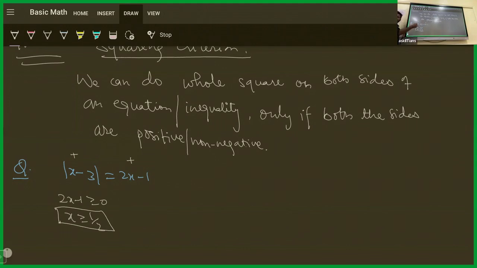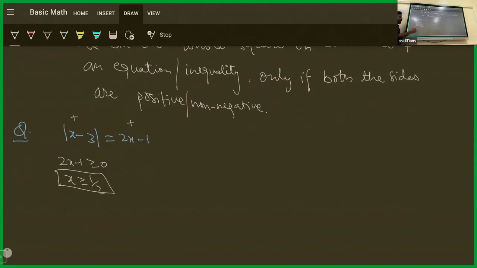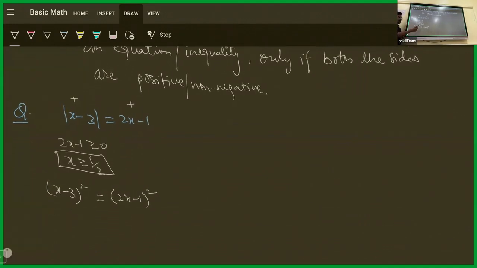And when both the sides are positive, squaring both the sides, we can write (x - 3)² = (2x - 1)². Yes or no? And now again the same thing, we'll get (x + 2)(3x - 4) = 0.